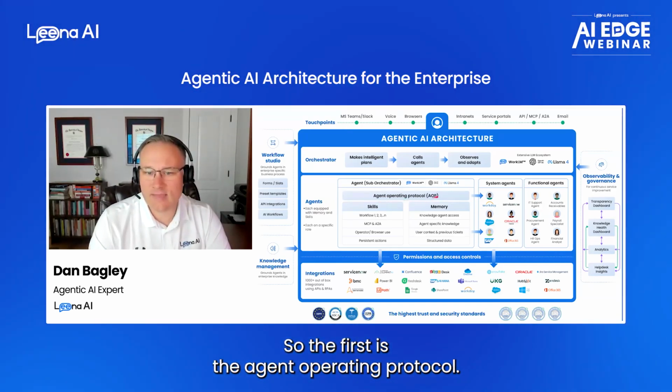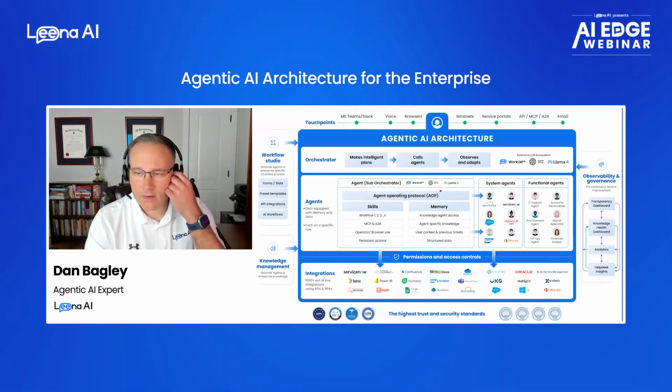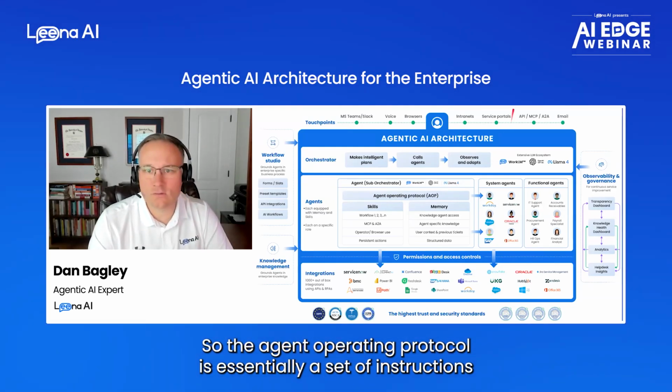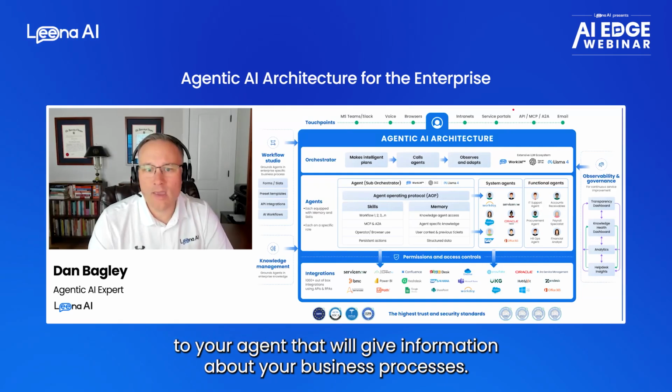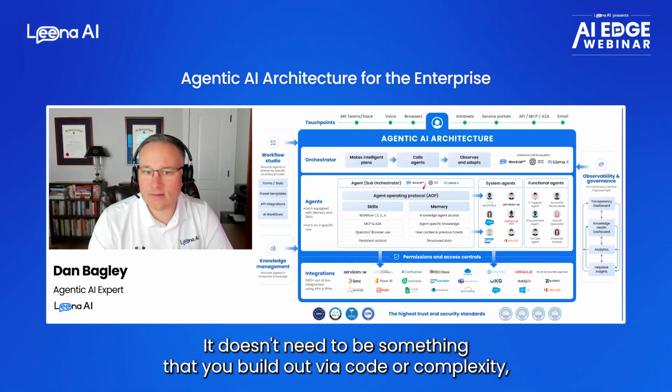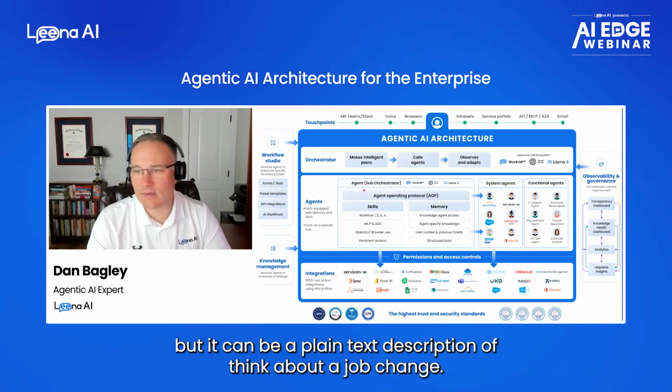The first is the agent operating protocol. The agent operating protocol is essentially a set of instructions to your agent that will give information about your business processes. This can be plain text in nature. It doesn't need to be something that you've built out via code or complexity, but can be a plain text description of, think about a job change.